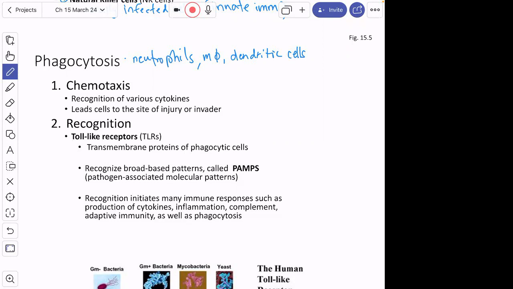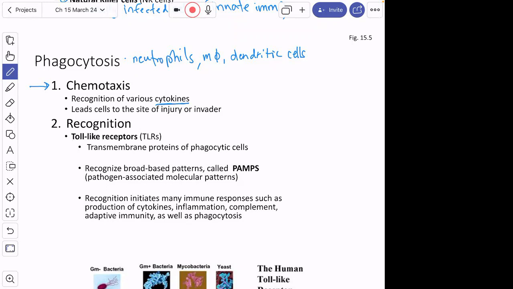Before they're going to endocytose some pathogen, first they have to be in the place where the pathogen is. So how do they know where to go? They're chemotaxing towards that site of injury or that invader, following cytokine signals.